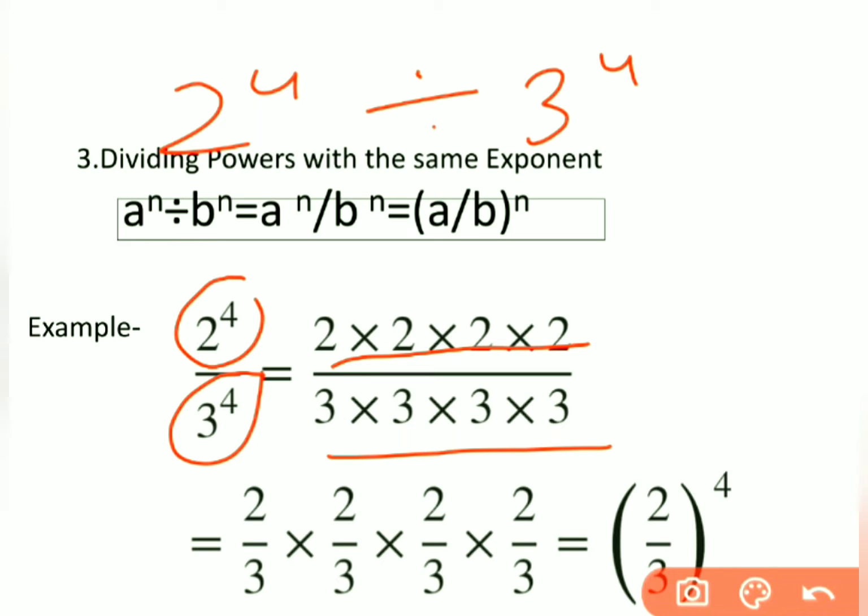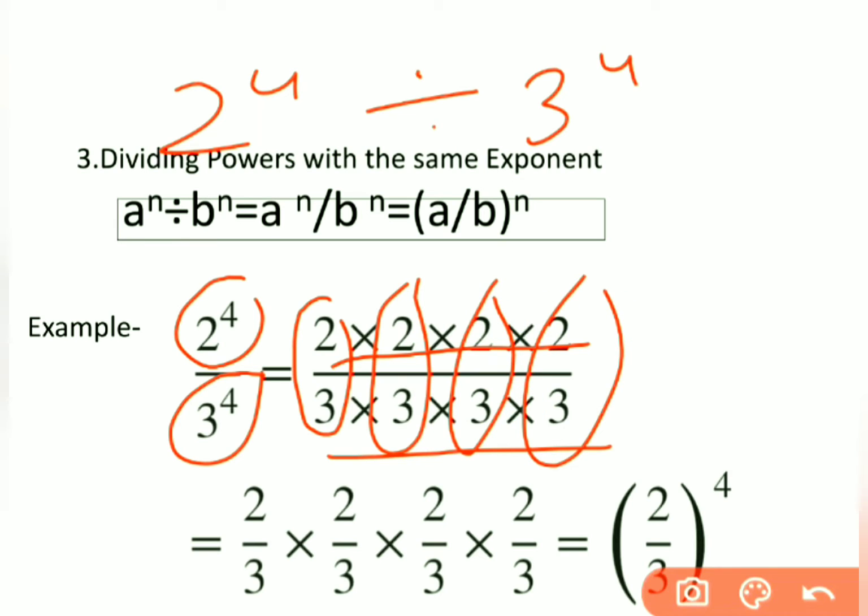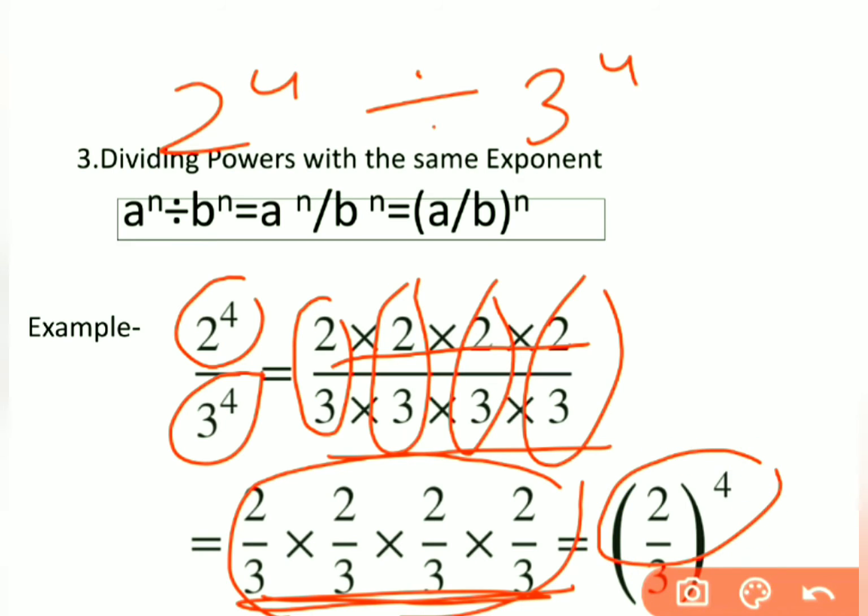So take the fractions. You will see on the screen, in the final result we get 2 upon 3 multiplied by itself 4 times, and so we get 2 upon 3 raised to the whole power 4, and so the law is verified.